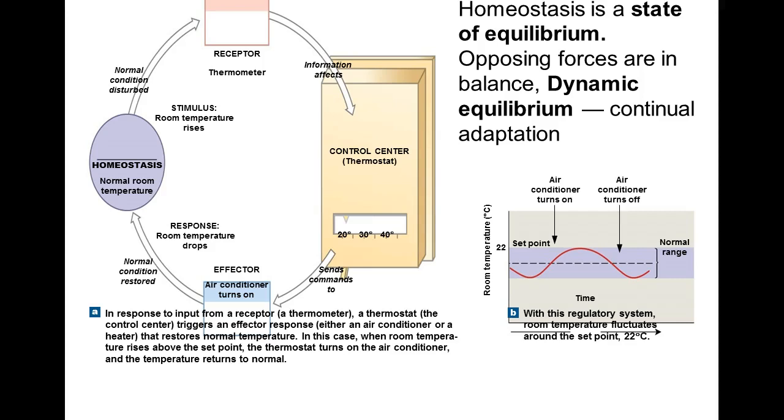So you set your thermostat, say, at 70. And if it's the summertime and the ambient temperature goes to 71, that would cause your air conditioning to come on. If it's wintertime and the ambient temperature drops down to 69, that would cause your heat to come on.